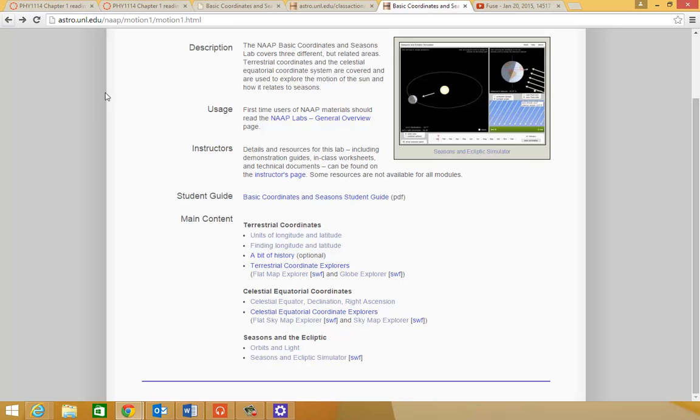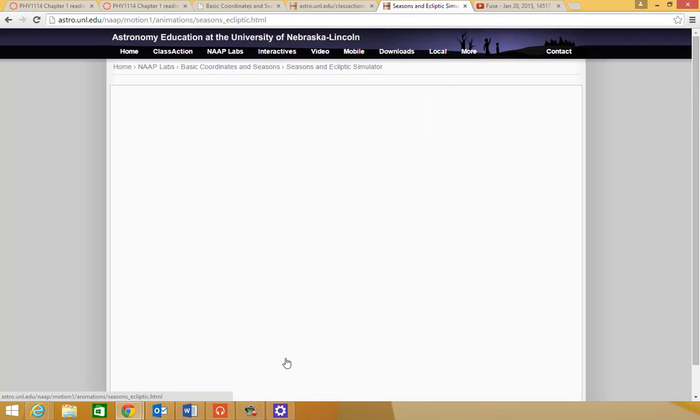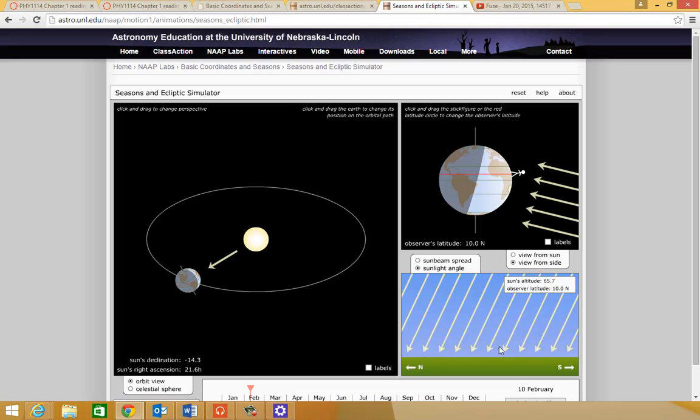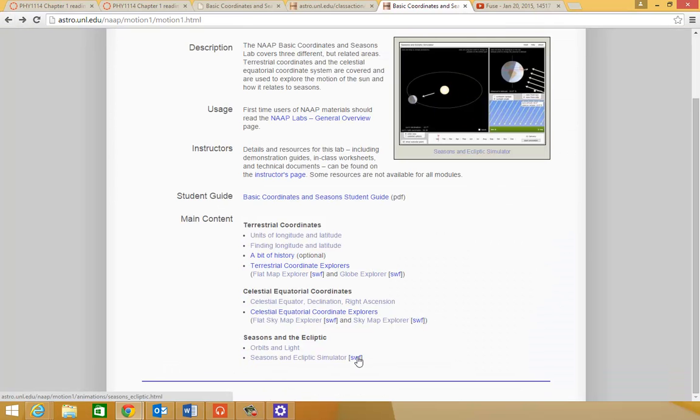Also, if you had the chance to build a solar motion demonstrator, that would be another way of answering that question. Number 14 asks about the shadows, the shadow on a stick. So again, you can go to Orbits and Light, or my suggestion is to go to the Seasons and Ecliptic Simulator. Here you can see the angle of the sun on a particular location on a certain date.